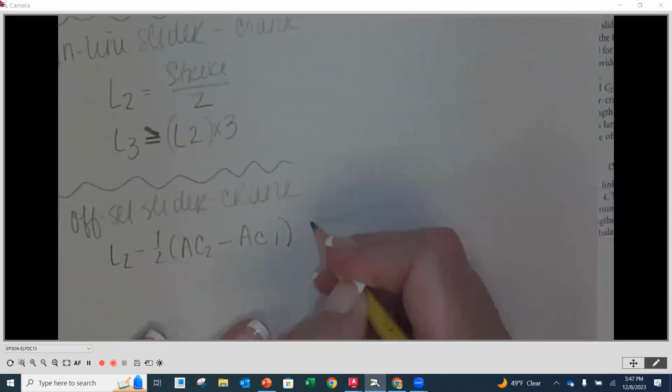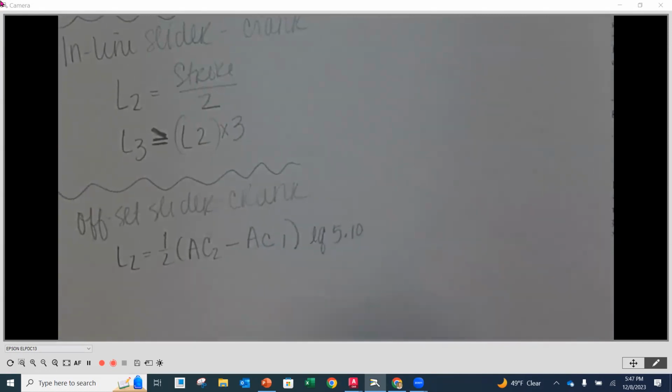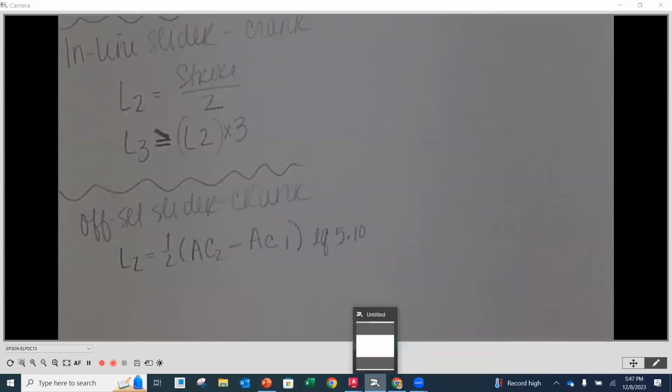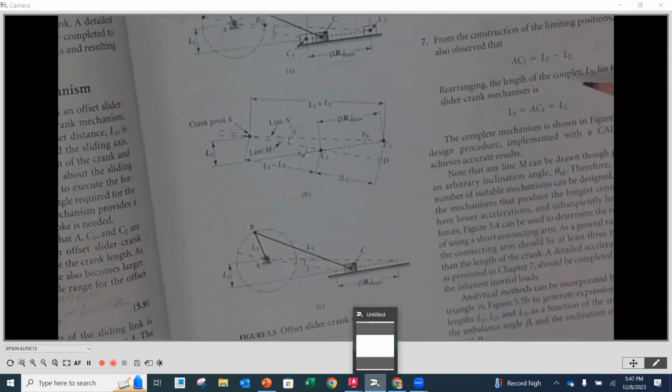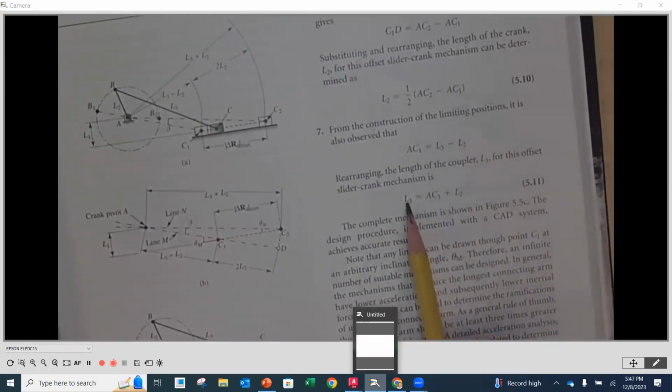And I'm going to just refer to equation 5.10 so that if you need to go back, you can. You'll also notice that we have L3 is going to be equal to AC1 plus L2.